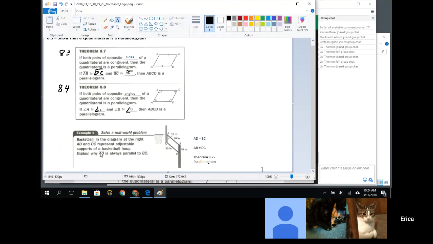Now let me go back in and add my lines: AD and then the little congruent to BC, AB is congruent to DC. So by theorem 8.7, we can say that it is a parallelogram.